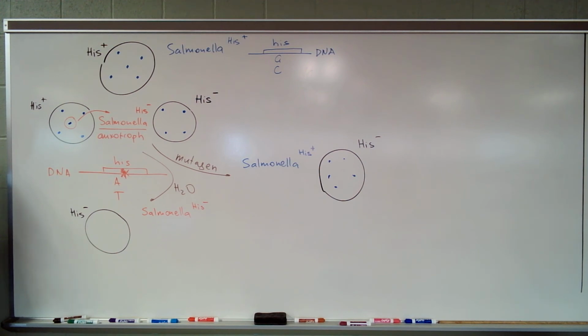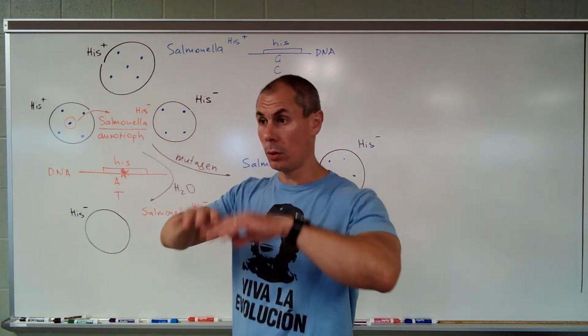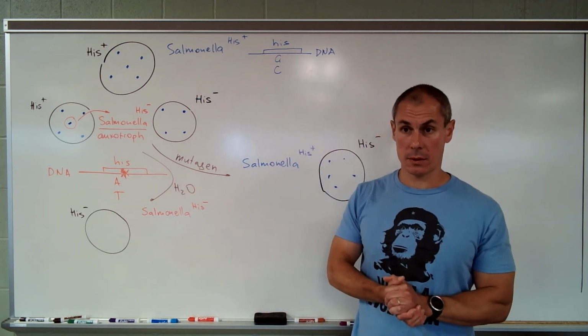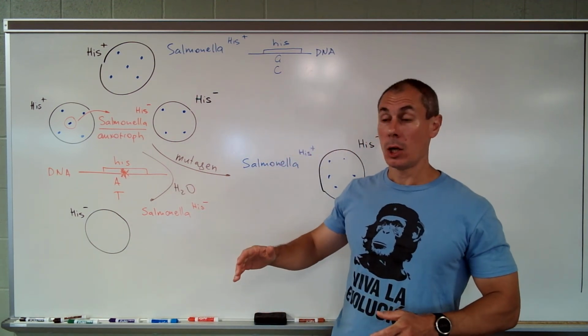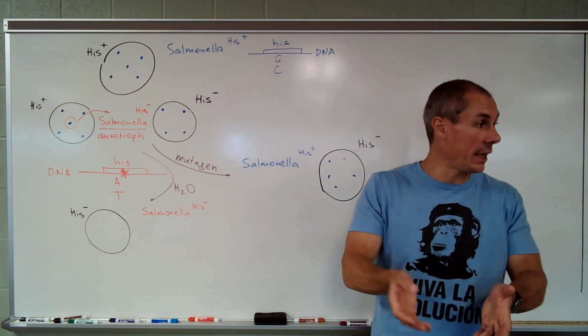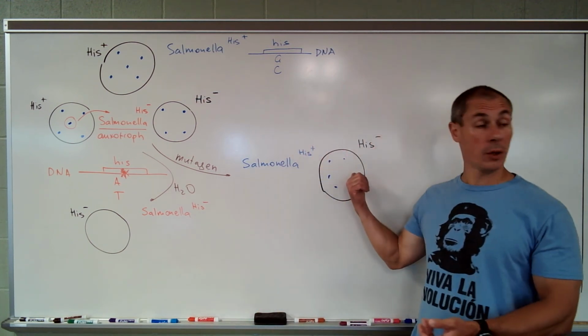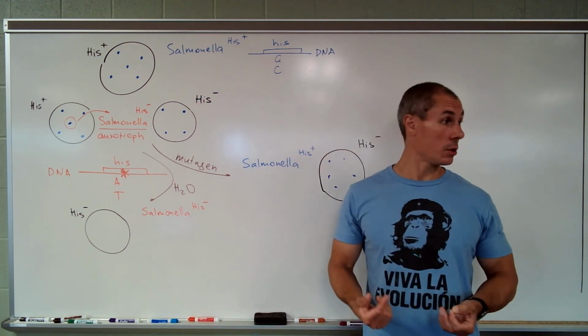Does it make sense? So basically, going back to the whole goal of the Ames test: you apply your chemical and then you plate whatever you get after the exposure. If you get the growth, you're dealing with a mutagen.